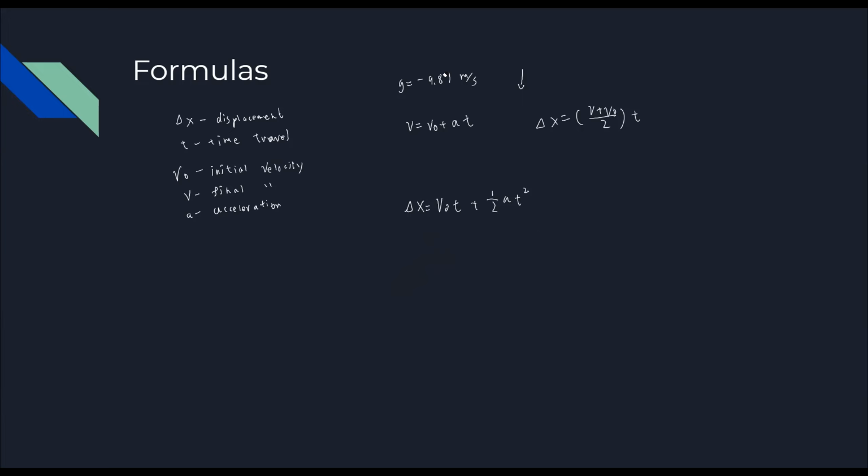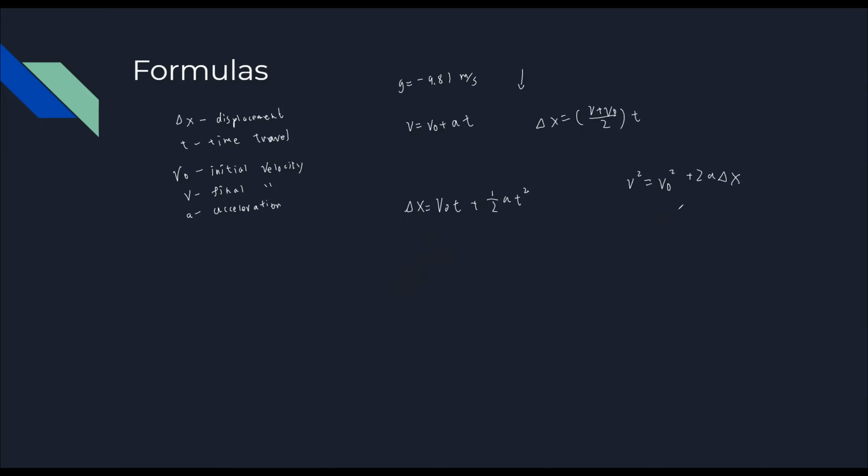Now we are going to look at the final equation, which is if it's missing time. So we're going to say final velocity squared is equal to initial velocity squared plus 2 times acceleration times delta x, or displacement. And then we would insert whatever we know.